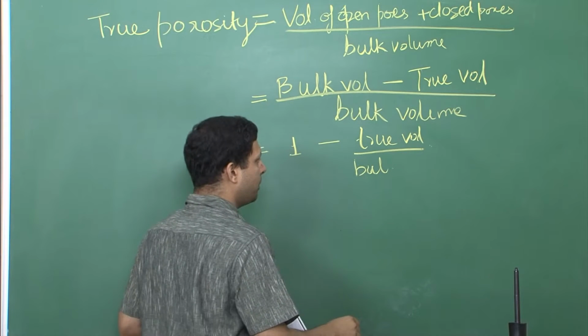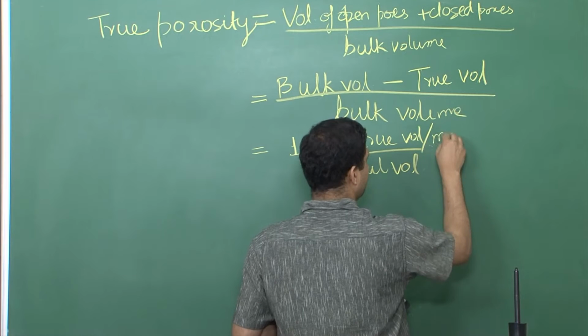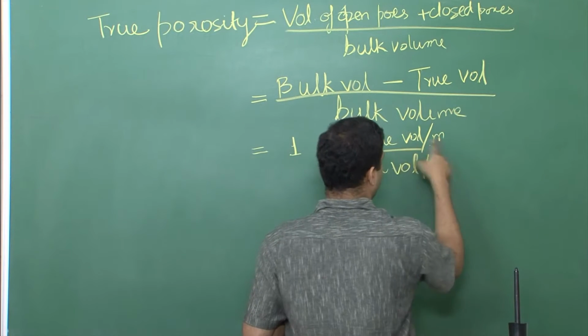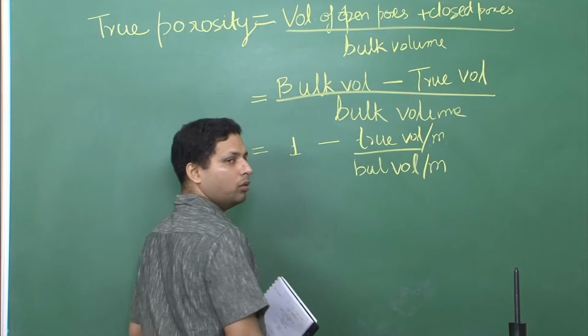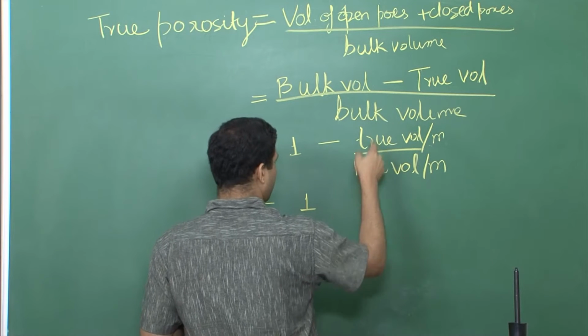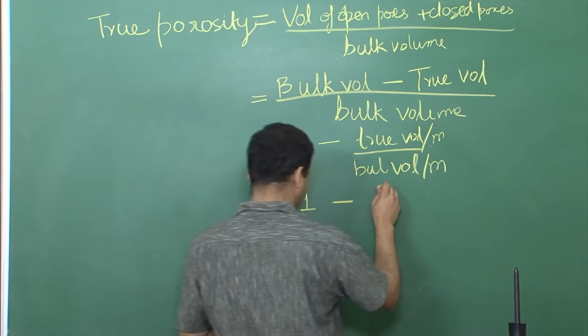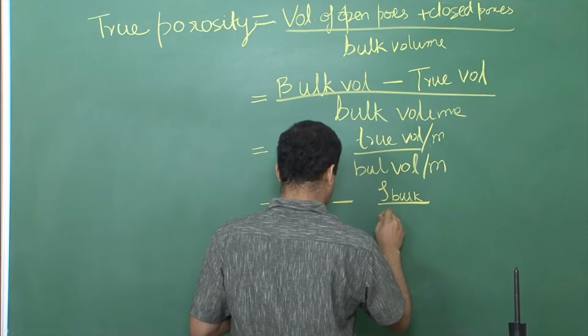If you divide by mass on both sides, then this becomes 1 over true rho, and this becomes 1 over rho bulk, and therefore you can write it as 1 minus rho bulk by rho true.